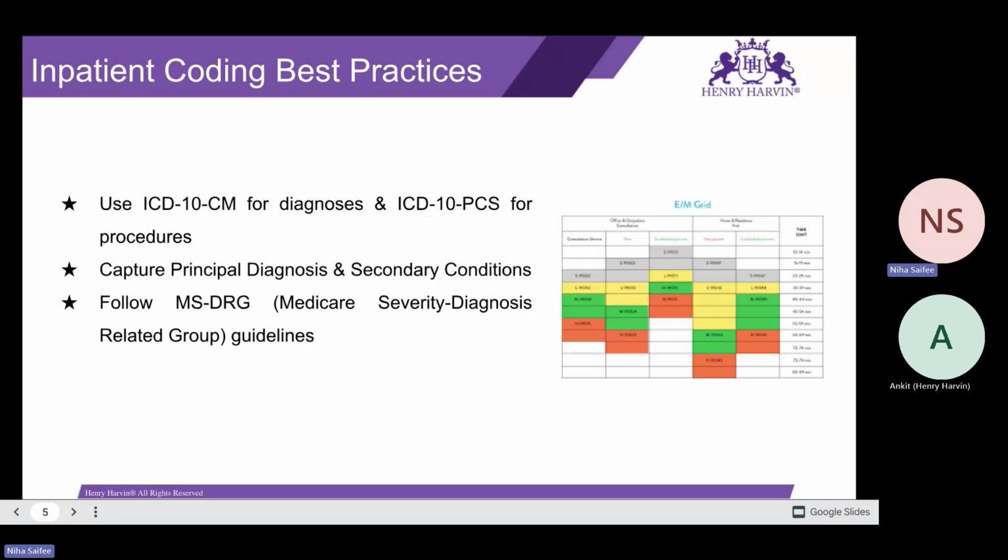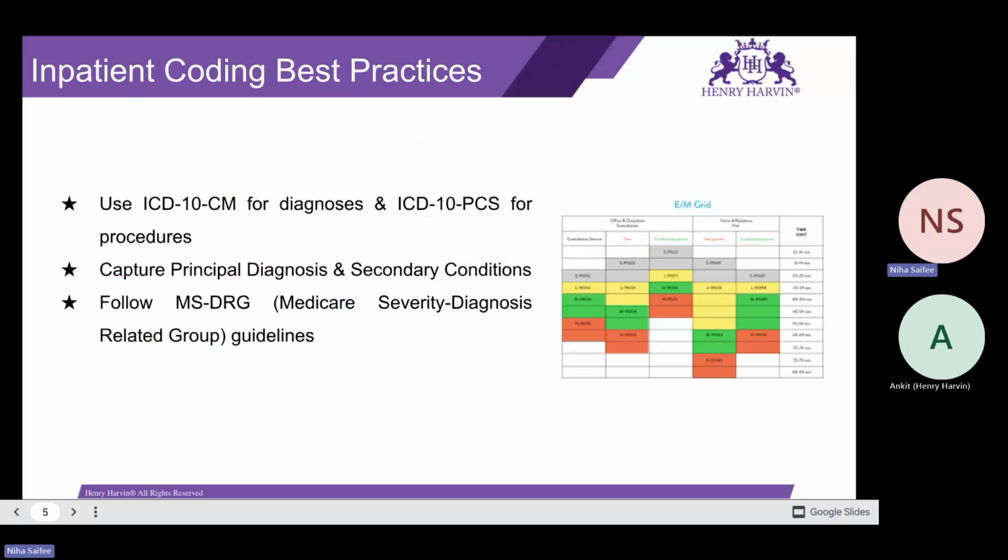Here, when we talk about inpatient, you have to capture the principal diagnosis and the secondary diagnosis. What is the principal diagnosis? Principal diagnosis is the reason why the patient is admitted in the hospital. Now there is a difference between primary diagnosis and principal diagnosis.